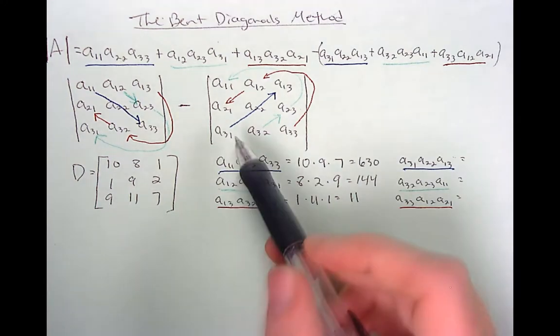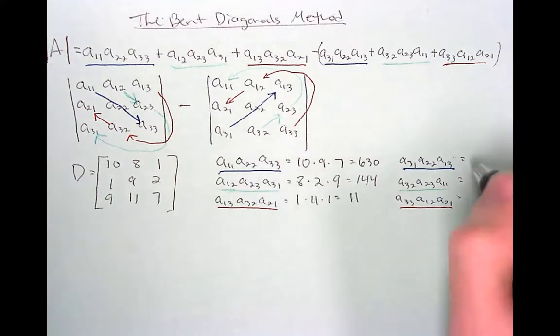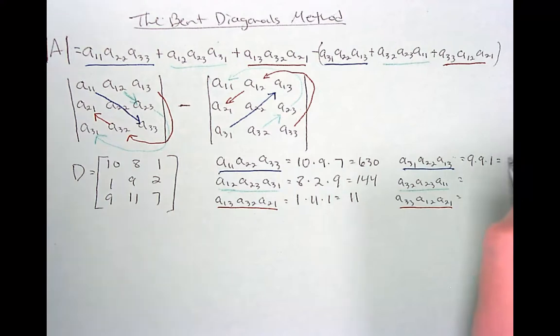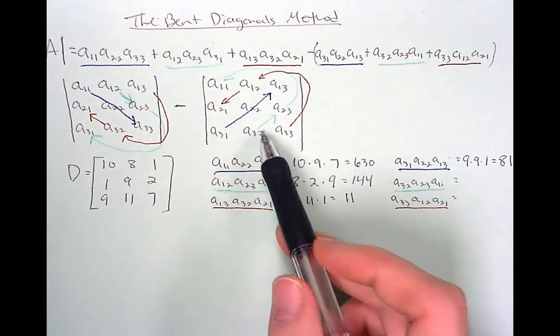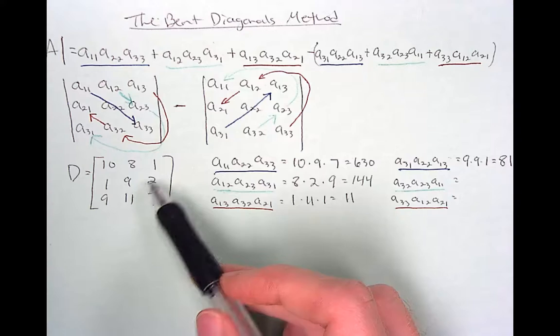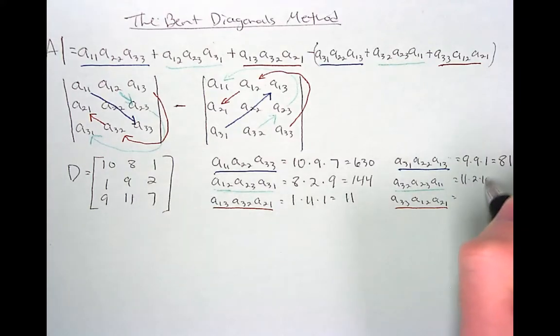So let's follow this pattern. We're going to have 9 times 9 times 1, which equals 81. Then let's follow this green one. I'm going to have 11 times 2 come around times 10, which equals 220.